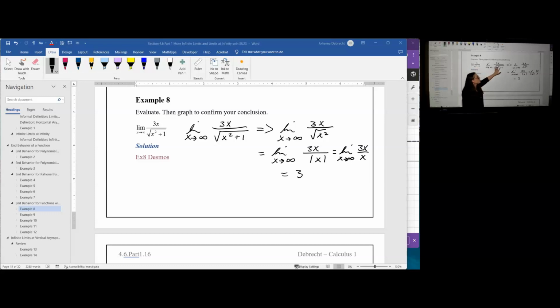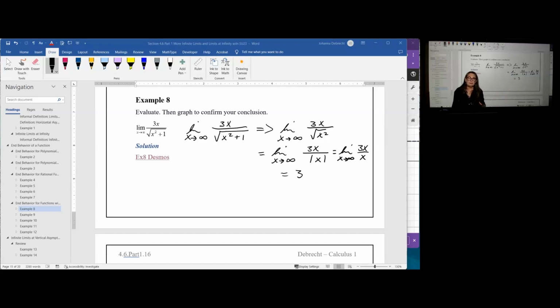This is going to approach, not equal, but approach the graph of 3x divided by the square root of x squared, which is 3x over the absolute value of x. Because the values are eventually all positive, I can replace absolute value of x with x to get the right horizontal asymptote y equal 3.